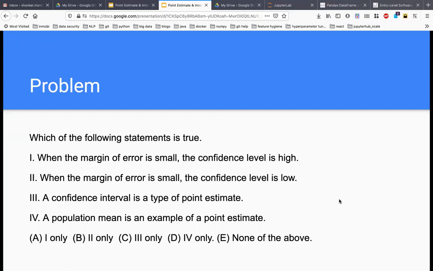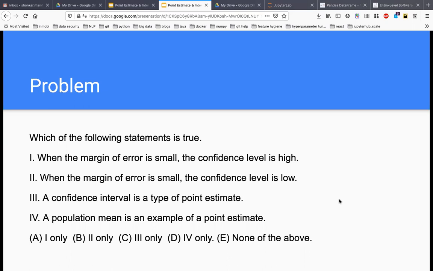Don't jump to answers. If you're answering, I also want to give you the reasoning. Don't select one. Population mean is point estimate. That is true. Okay. What is your answer?